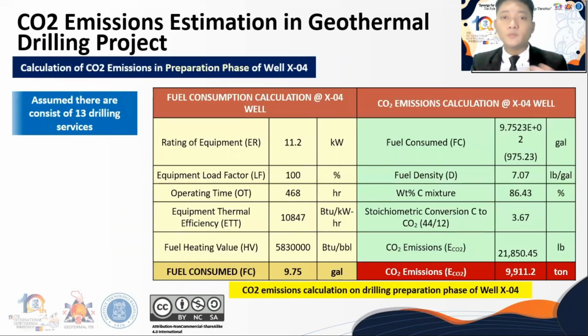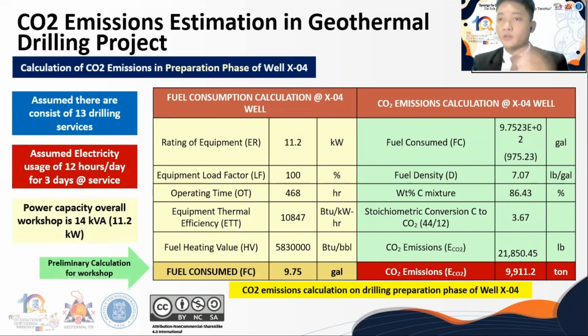The first is the preparation phase before the drilling operation. This is also considered in this research, and includes the workshop by the service company in town, and then the transportation of their service and equipment to the rig site.